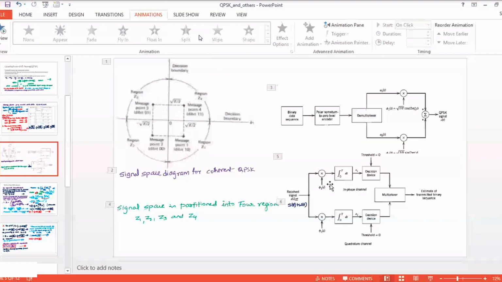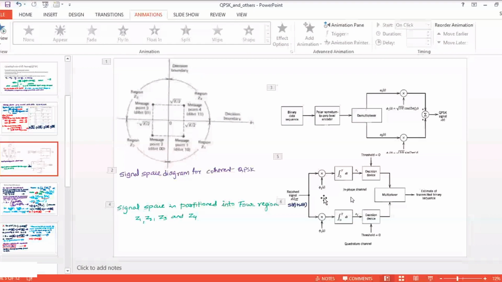So what you observe is if you go for a bank of correlators or correlator circuit, it is completely coherent detection, isn't it? If you see the correlators at the receiver, it is coherent detection.